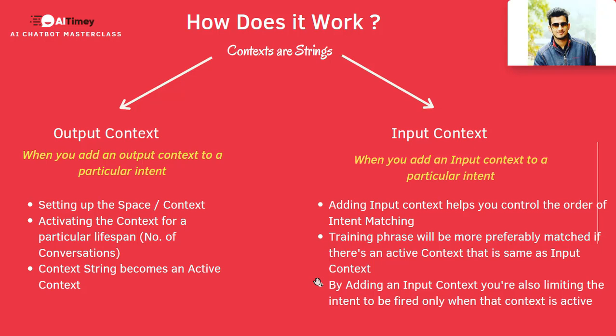Once this intent is fired, once this intent is triggered, this output context becomes active. This is the role of output context. It makes a context string active once that intent is triggered, very simple. And it has a huge role to play, because you need someone to activate a context, and that is what output context does for you.